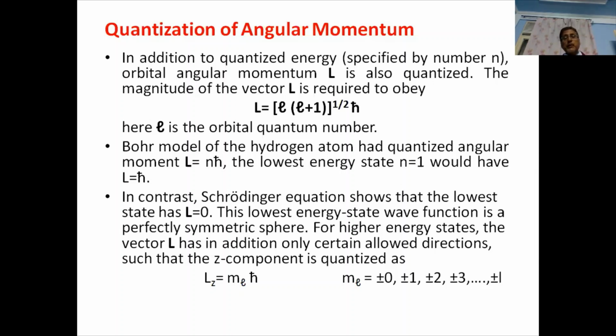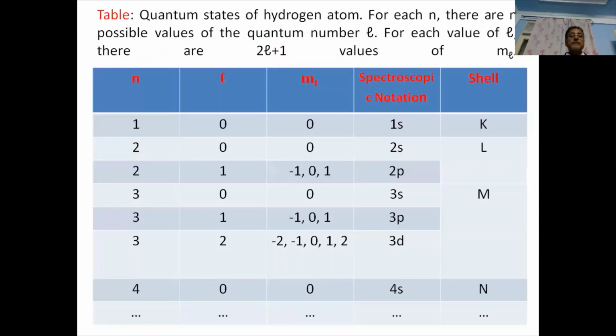The Schrodinger equation shows that the lowest state has L is equal to 0. This lowest energy state wave function is a perfectly symmetrical sphere. For higher energy states, the vector L has in addition only certain allowed directions such that the Z component is quantized as L along the specified axis Z is ml h cross. Lz is equal to ml h cross.